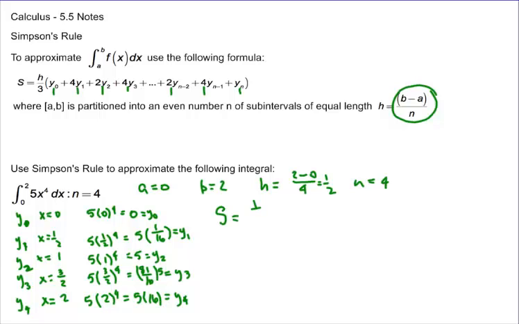S equals (1/2 over 6) times, and then y0, that's just going to be 0, plus 4 times 5 over 16, plus 2 times 5, plus 4 times, and then 81 over 16 is 5 times 81 is 405, so 405 over 16. And then finally plus that very last guy, just the last guy only, and 5 times 16 is 80.